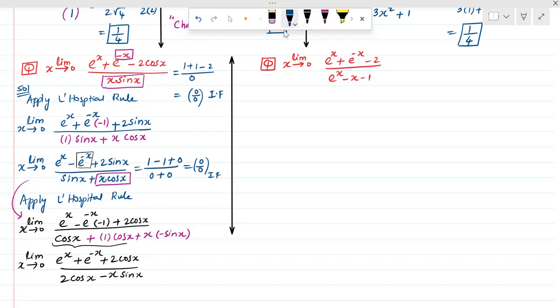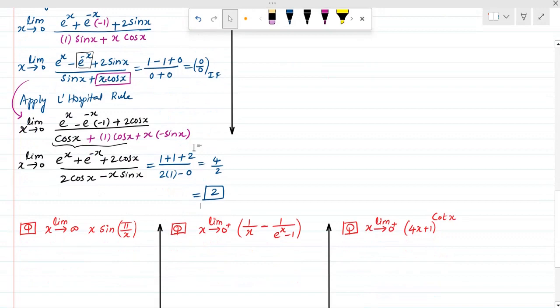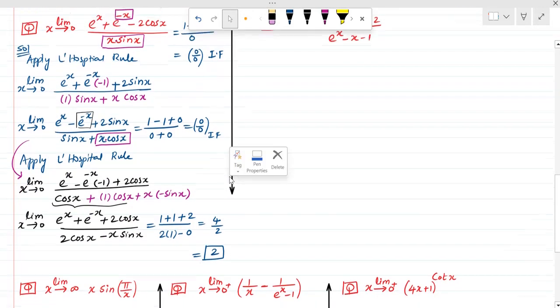So when you apply the limit, it becomes cosine 0 is 1, plus this is e power 0 is 1, e power 0 is 1, plus cosine 0 is 1. Along with the 2, you will have 2 over here. We will have cosine 0, which is equal to 1, minus sine 0 is 0. So therefore 4 over 2, answer is 2. So you will get a finite value. Stop the process. If it is 0 over 0, you will continue the process until you get the finite answer. So this is the idea behind the L'Hopital rule.